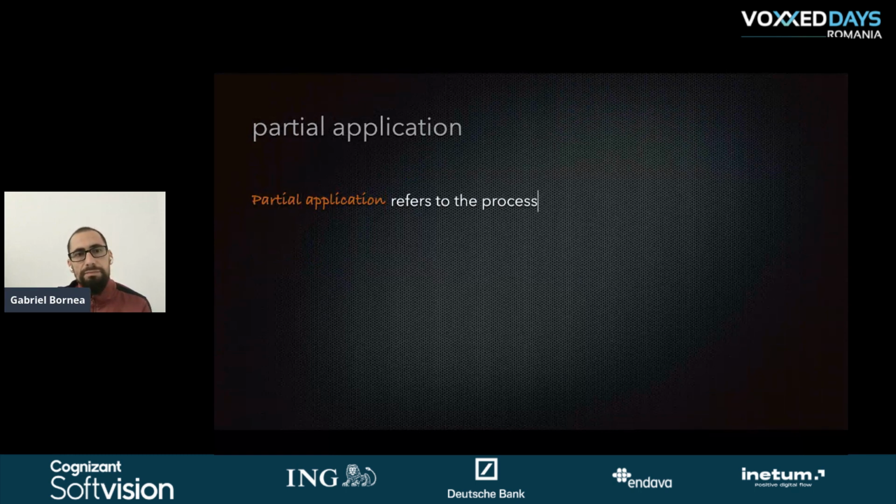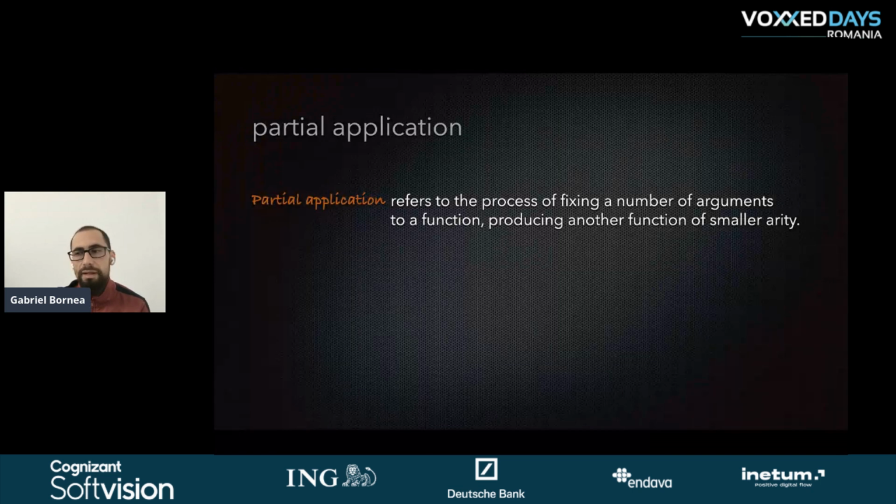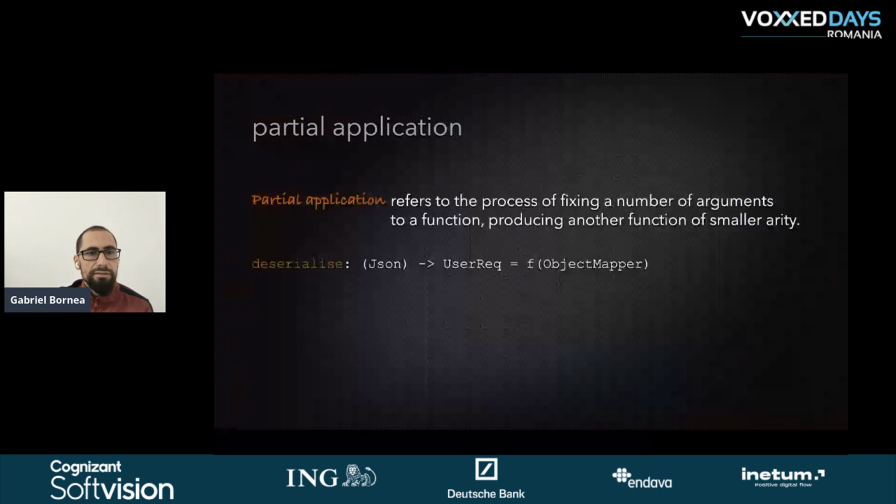Partial application means that we fix a number of arguments of a function, and we produce another function with a smaller arity. What this means is that I can create my function deserialize, and my deserialize function will take in a JSON and return a user request, exactly what I wanted. But I'm applying the function that we've seen in the previous slide with the object mapper. You do this usually in the configuration part of the application.